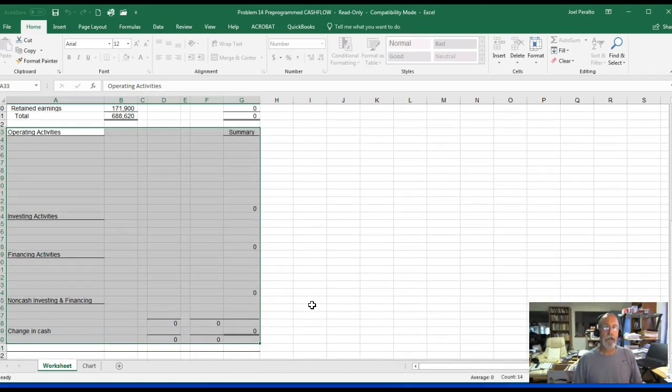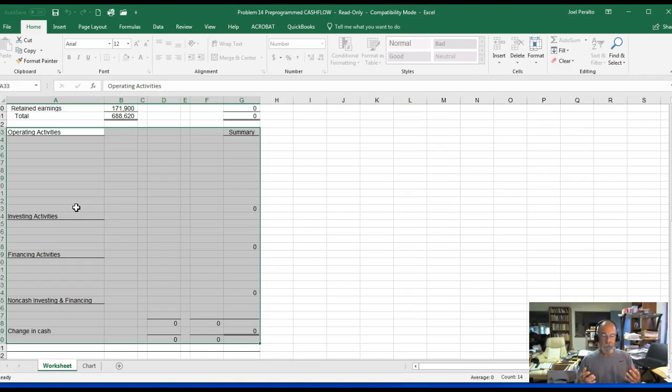And from Accounting 201, and for those of you that are in Accounting 202, you should be aware of how our information is categorized on the statement of cash flows. Cash flows are essentially a summary of the debit totals and the credit totals to the cash account from the beginning of the year to the end of the year.